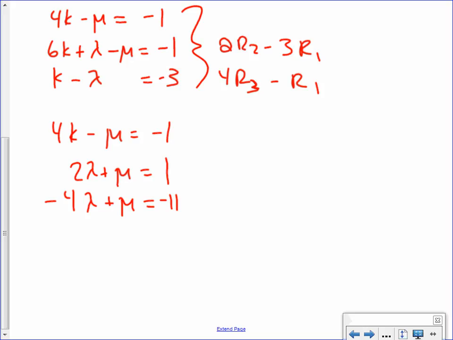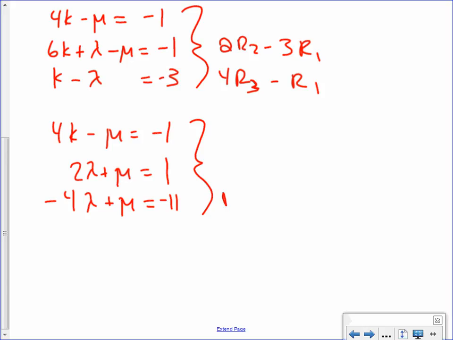So row 3 minus row 2. I like to get rid of that last row.